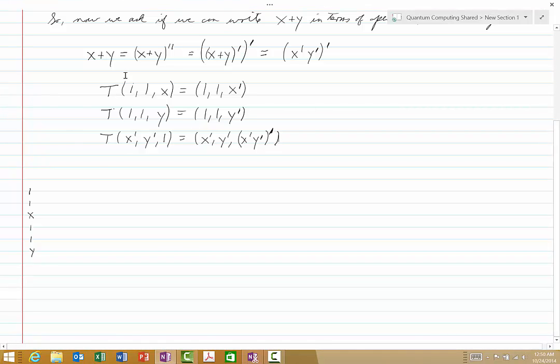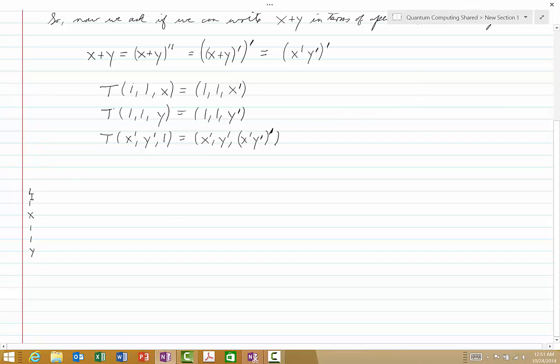So finally, to review, we use this principle twice: T of 1, 1, X is equal to 1, 1, X prime. We use it there, and also with Y to get Y prime. And then in this last expression, we use this identity to finally get the desired term here. So let's now see if this really does work.